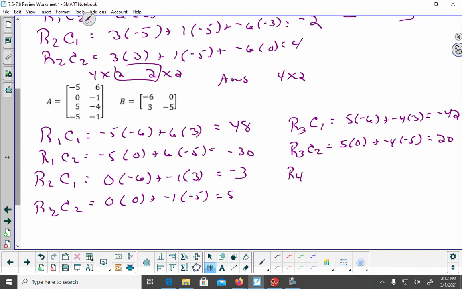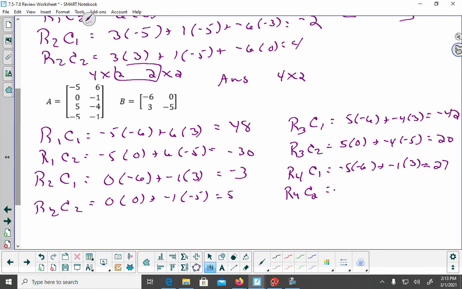Row 4 times column 1 will be negative 5 times negative 6 plus negative 1 times 3. So that's 30 minus 3, positive 27. Whoopsie, positive 27. And then finally, row 4 times column 2.